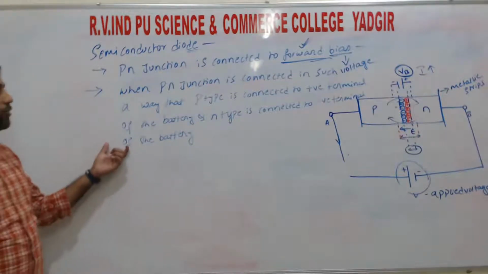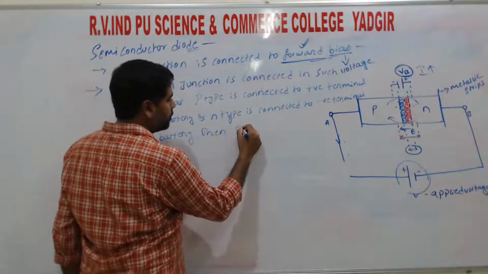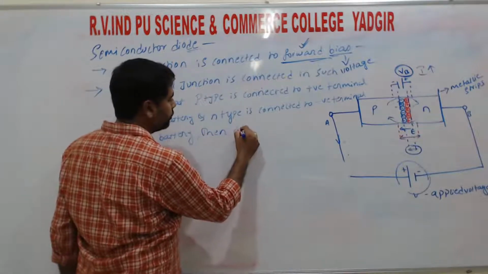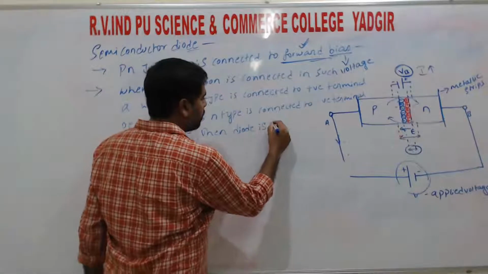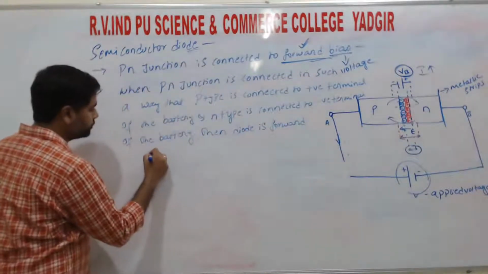Right? So this is the definition of the forward bias. Then the diode is forward biased.